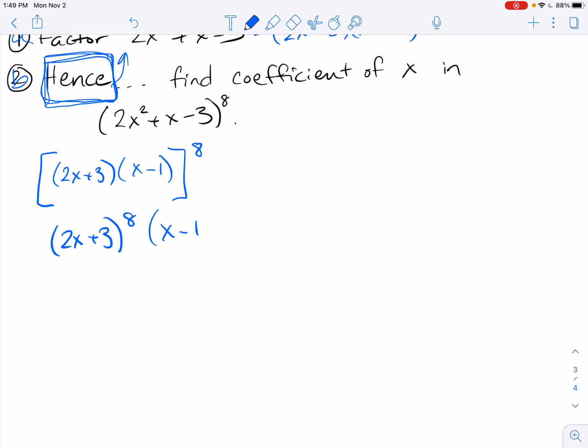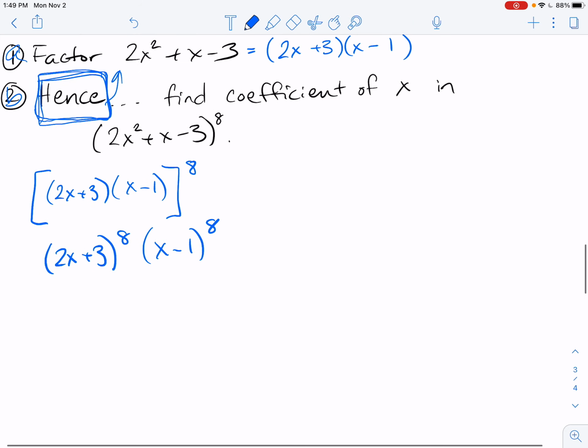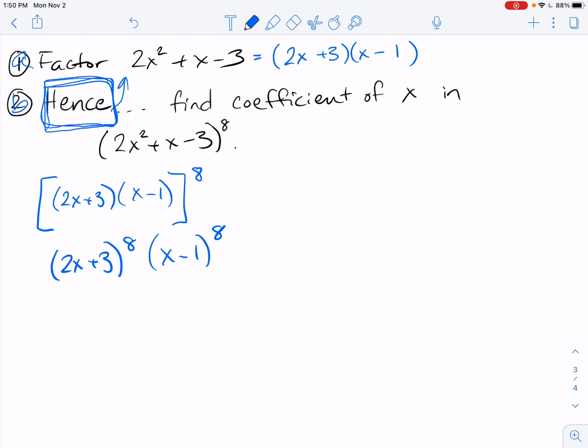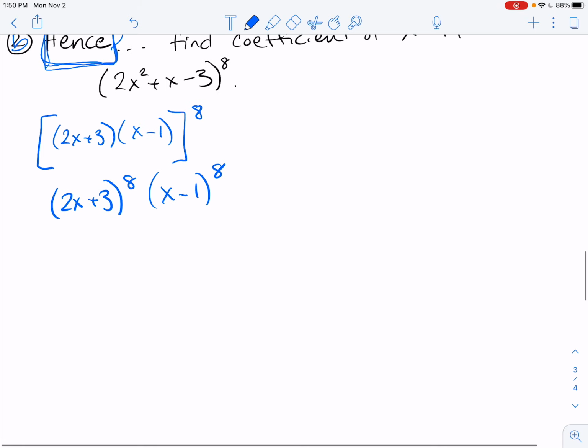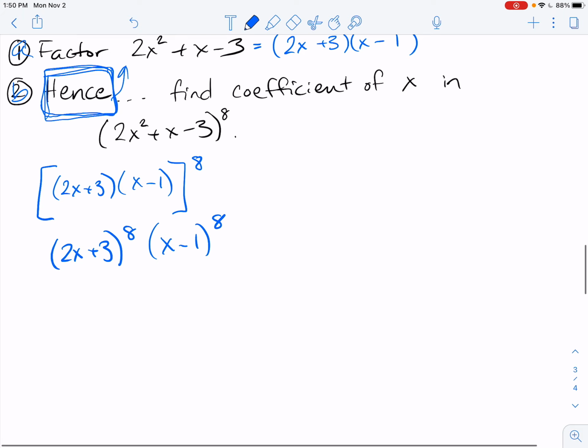Now, since each of those is raised to that power, they want us to find the term that has x. There are two things we need to consider. We have this first part here. We'll expand it out. It'll have all these terms, then something with an x, and then something that's a constant.